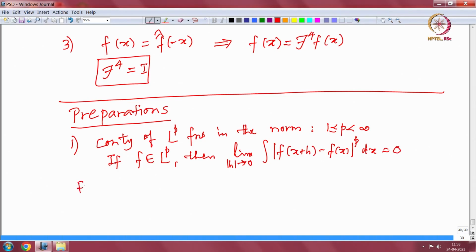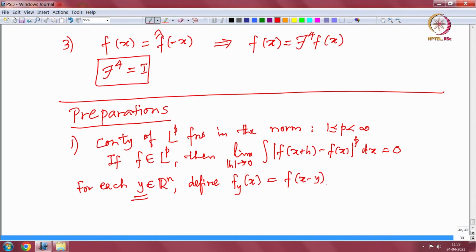For each y in Rn, define this shift function f sub y of x. This y is fixed. So, this is just f of x minus y.